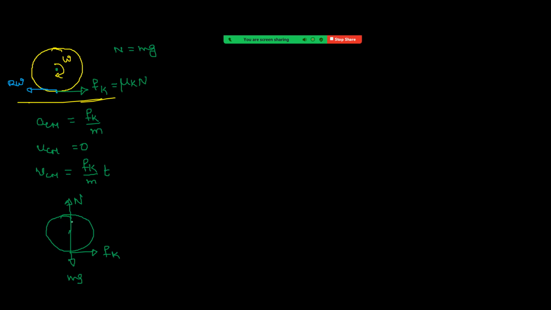Now see carefully, about the center of mass torque equation. Because of gravity and normal reaction, there is no torque, because these two pass through the center of mass. Torque is only because of the frictional force. You can see the sense of rotation, the torque, because of this force, will be anti-clockwise. But remember, omega is clockwise. That means here alpha will be anti-clockwise, because the net torque is anti-clockwise.